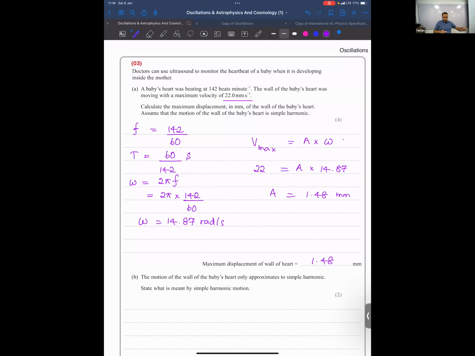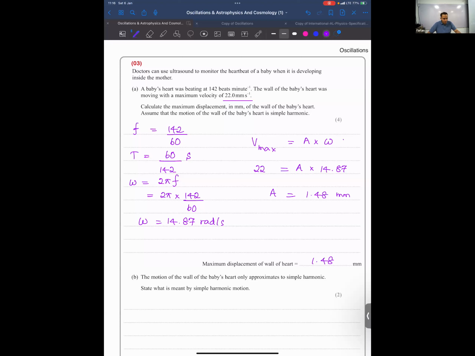Are you getting 1.48? Right. So guys, the frequency is the number of oscillations per second. So it's making 142 beats per minute, 142 oscillations per 60 seconds. So the frequency will be 142 over 60. Correct? And then to find the omega, omega equals 2 pi f, 2 pi into 142 over 60. I'm getting 14.87 radians per second. Correct?